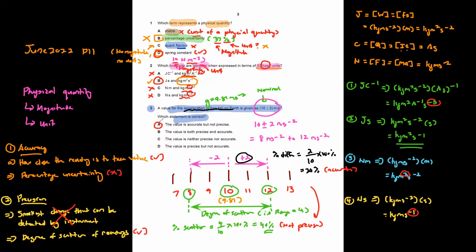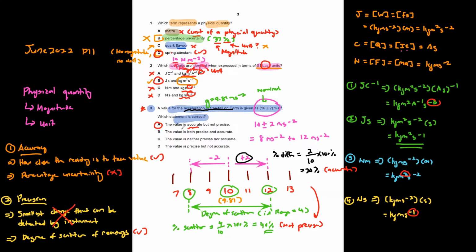Okay. Under most normal circumstances, I would say the value is not accurate and not precise. But somehow, for this particular question, they say it is accurate. This is the odd thing about this particular question. We can clearly see it's not precise, but when it comes to whether it's accurate or not, it's a bit ambiguous.